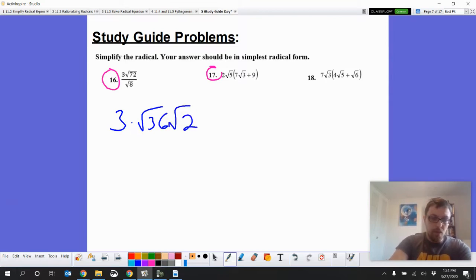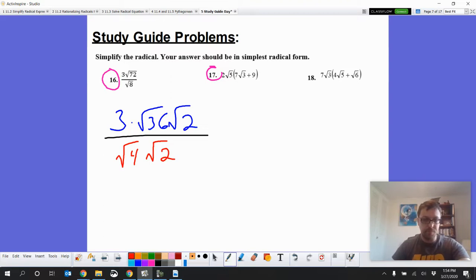And that's going to be all over that 8. And we can probably just do that one in our heads because the only perfect square that's smaller than 8 is 4. And we can do 8 divided by 4, so let's use that. So square root of 4 and a square root of 2. All right, let's simplify these radicals.